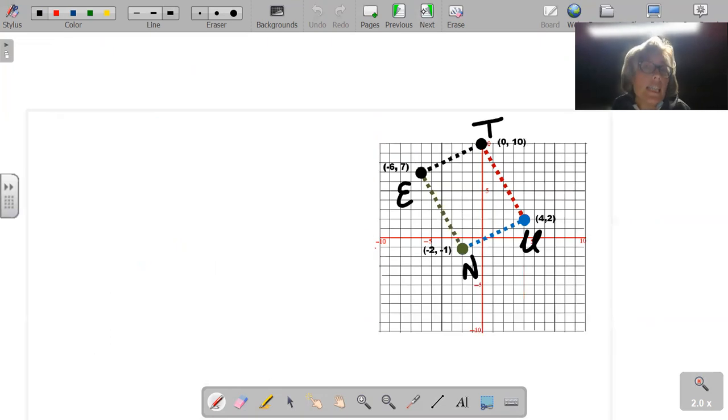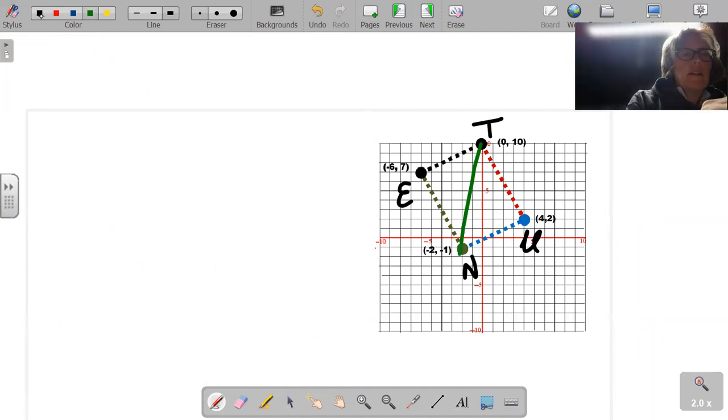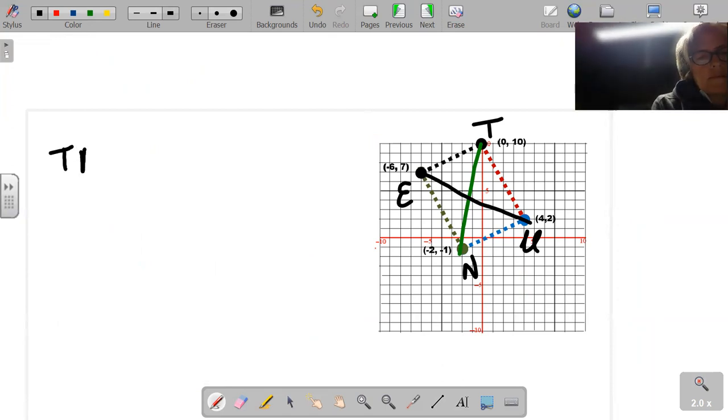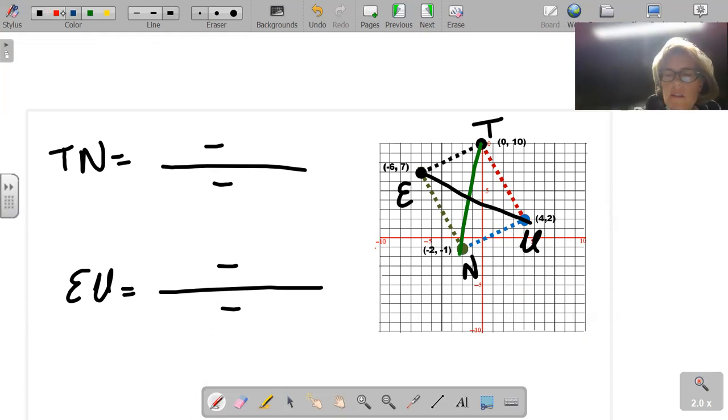Now we're going to disprove that it's a square by doing the diagonal TN and the diagonal EU. We're going to find the slope for both. Y minus y over x minus x.